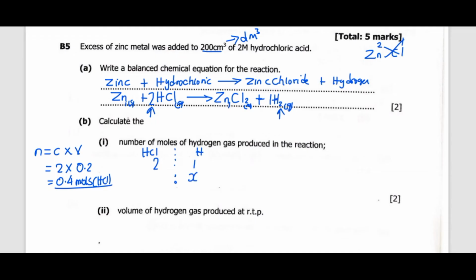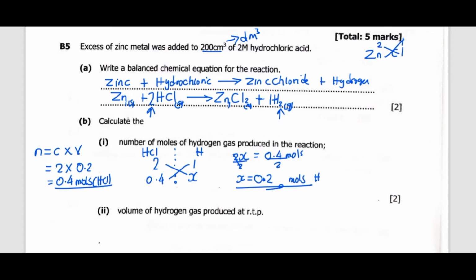Then 0.4 moles is for this one, so we put 0.4 here. Then we cross multiply. So 2 times X will give us 2X. 1 times 0.4 will give us 0.4 moles. Then we divide by 2. So X is equal to 0.4 divided by 2, which gives us 0.2. So 0.2, these are moles of hydrogen.